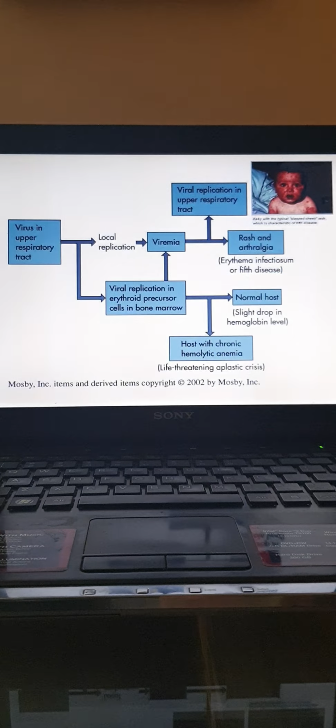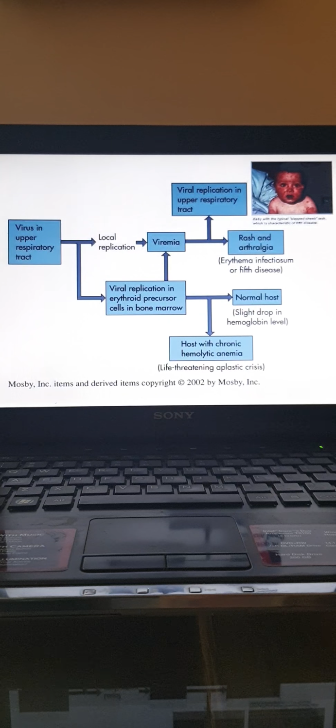If you see here, the picture of the baby on the right side, it is more common in children, and it is called fifth disease because the typical rash appears on the cheeks of the child, giving the appearance of a slapped cheek rash, typical of fifth disease or erythema infectiosum.